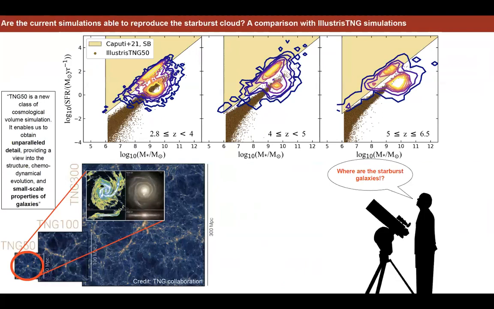So probably the brightest galaxies in the infrared are also your starbursts. I think it's a similar result that goes in the same direction: the current models are not able to reproduce very luminous star-forming objects at high redshifts. So thank you.